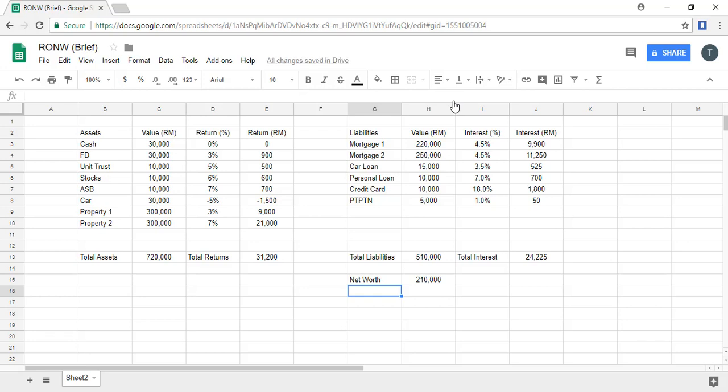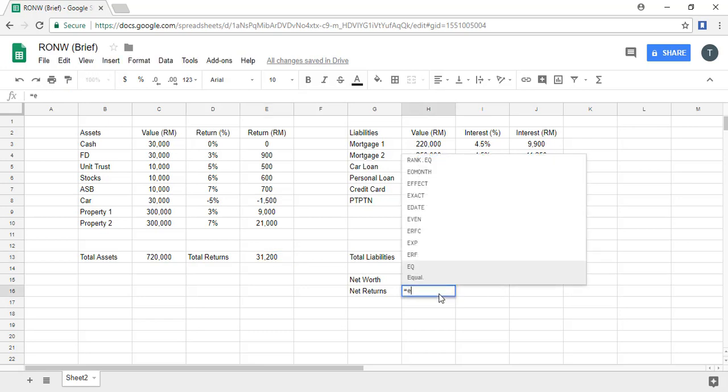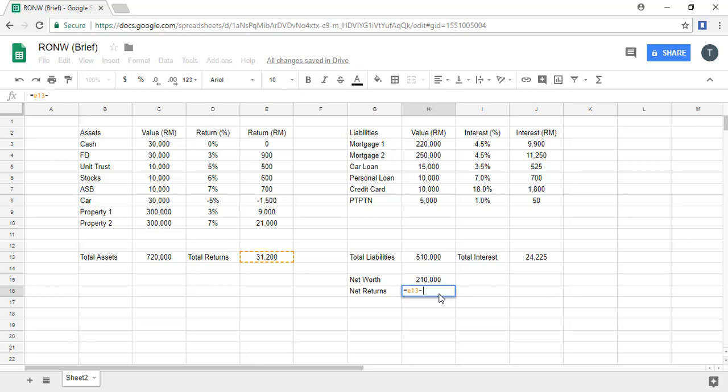And of course we need to calculate your net returns, which is this amount, E13, minus J13, which is the interest that is payable. And therefore here you go, on an annual basis your returns is 6,975.